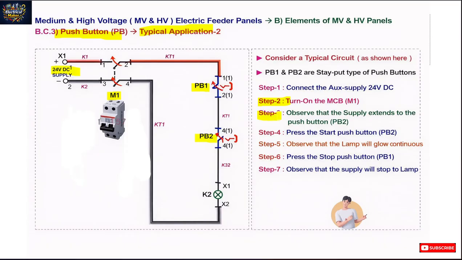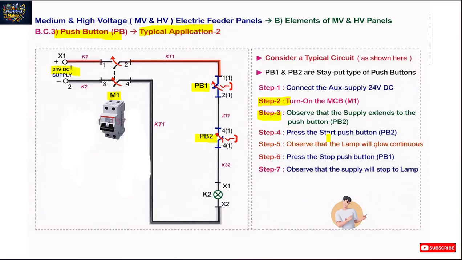After that, step 3 says to observe that the supply extends to the push button. You can see the supply first goes to PB1, and after that PB2.